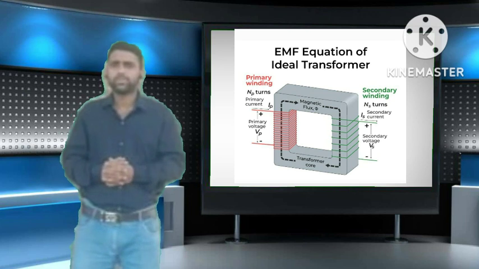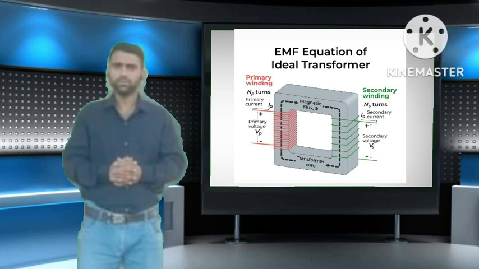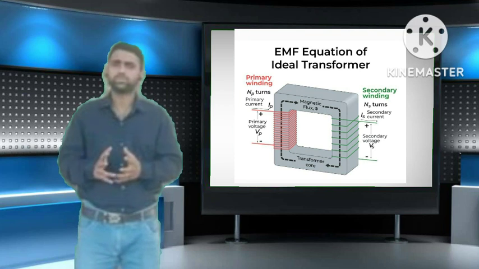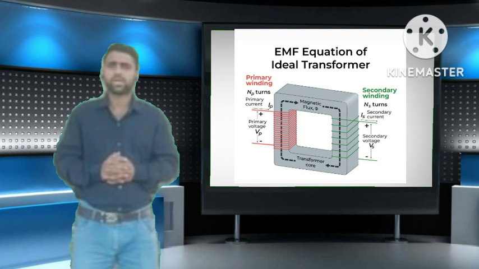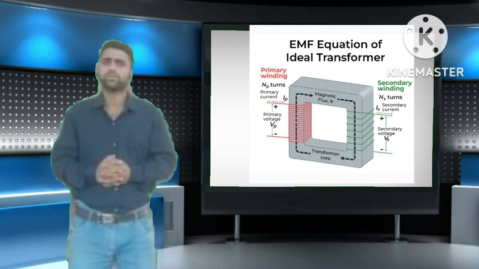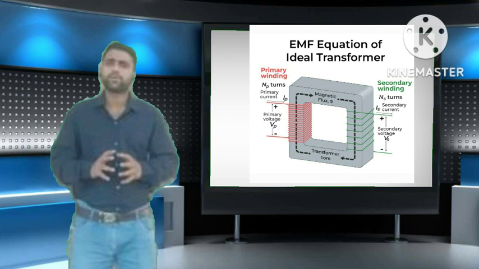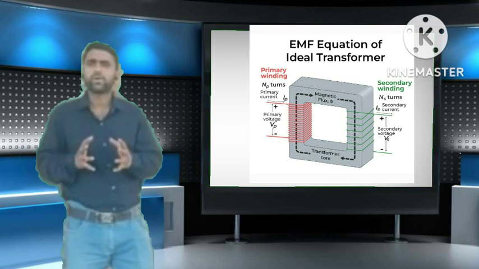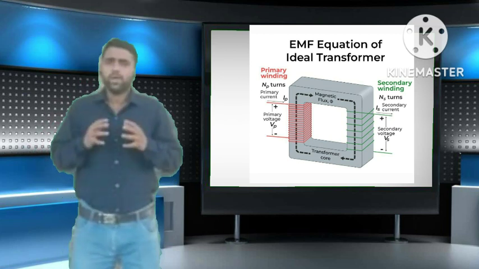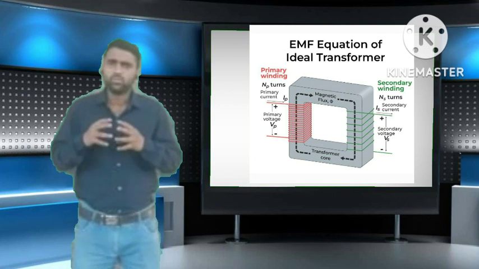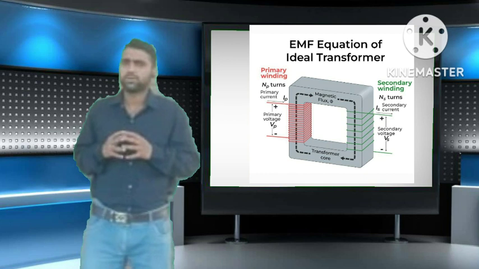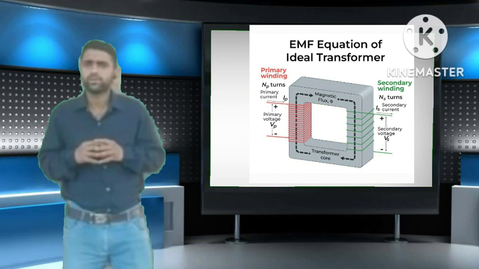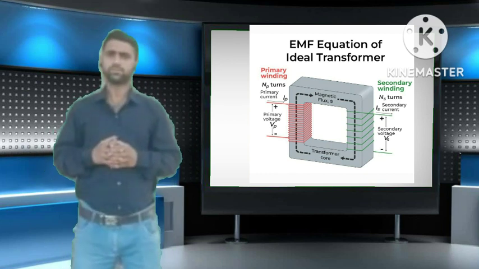As the flux is continually changing in amplitude and direction, there must be a change in flux linkage in the second winding or coil. According to Faraday's law of electromagnetic induction, there must be an induced EMF in the second.